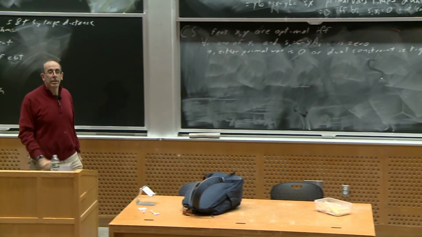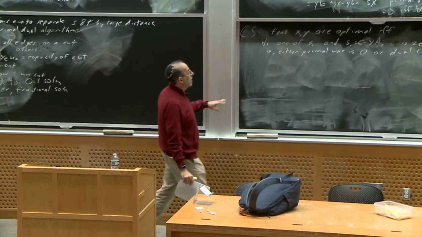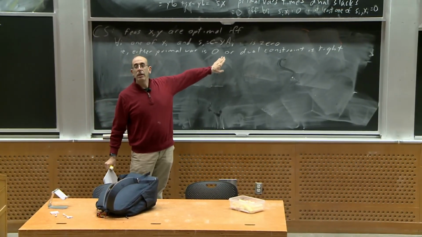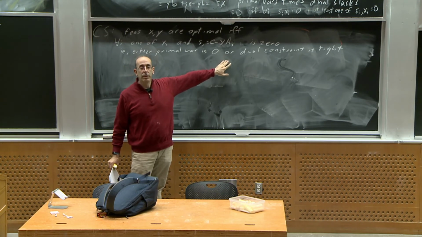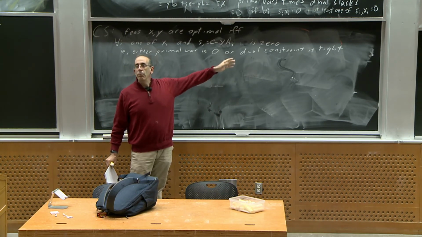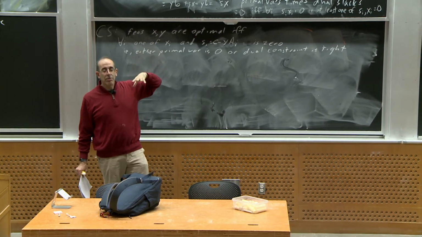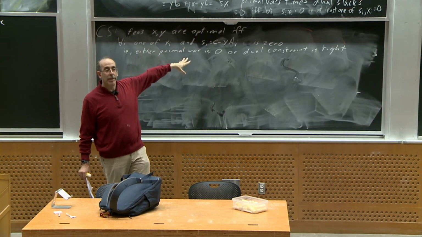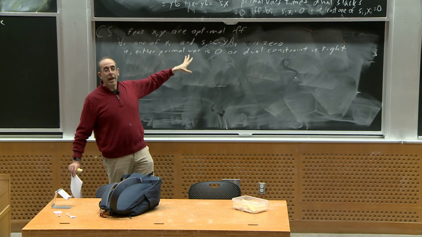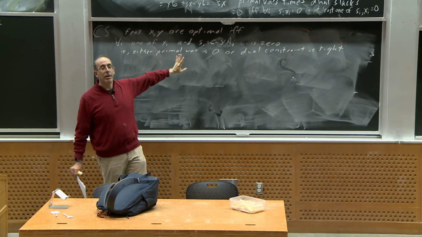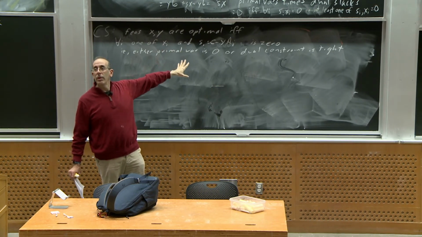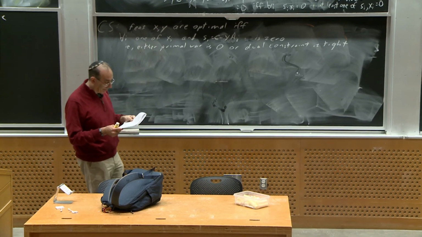So you can use complementary slackness to conclude optimality. If this condition holds, you're optimal. The duality gap is 0. But more importantly, you can often use the fact that you're optimal to conclude that complementary slackness holds, and from that infer interesting things about your solutions. And that's what we're going to do now.